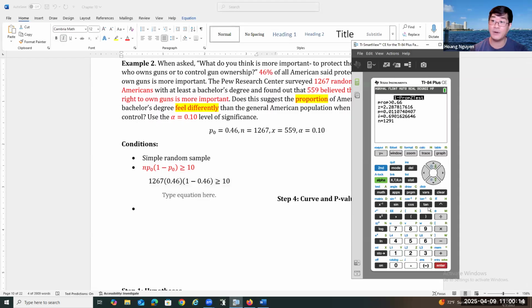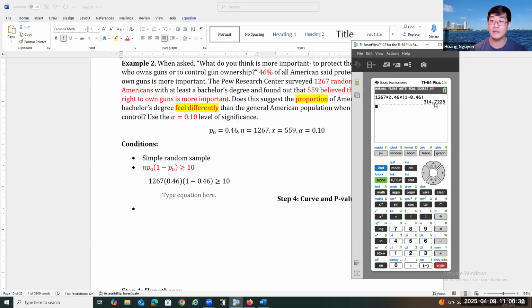Okay, let's use the calculator to double check this condition. So 1,267 times 0.46 times parenthesis 1 minus 0.46.